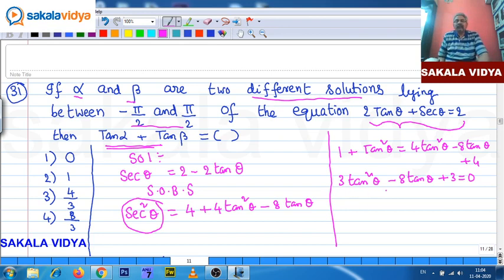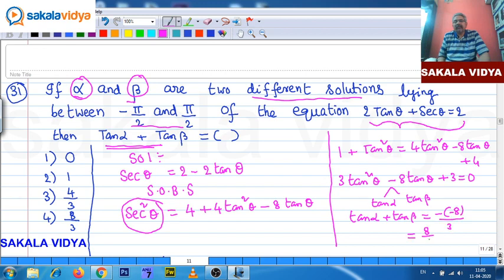Now let us say the roots be tan alpha and tan beta, because here alpha and beta are the different solutions for this quadratic equation in terms of tan theta, which means tan alpha and tan beta are the roots. Tan alpha plus tan beta, the sum of the roots, is equal to minus of the tan theta coefficient by the tan square theta coefficient, minus of minus 8 by 3, this equals 8 by 3.